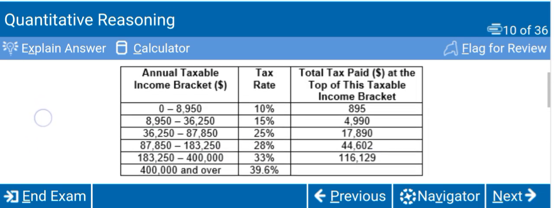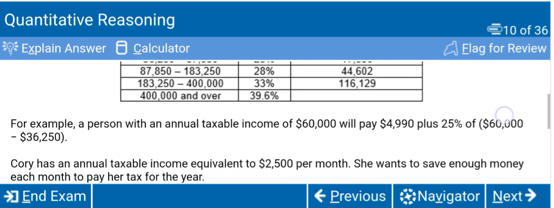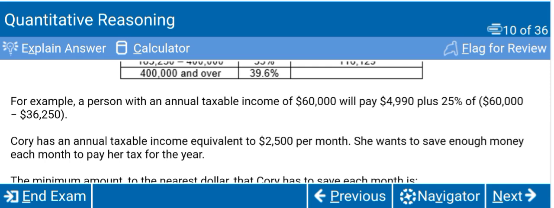Next we have the same information in tabular form, but the question is different. For example, a person with an annual taxable income of $60,000 will pay $4,990 plus 25% of $60,000 minus $36,250.